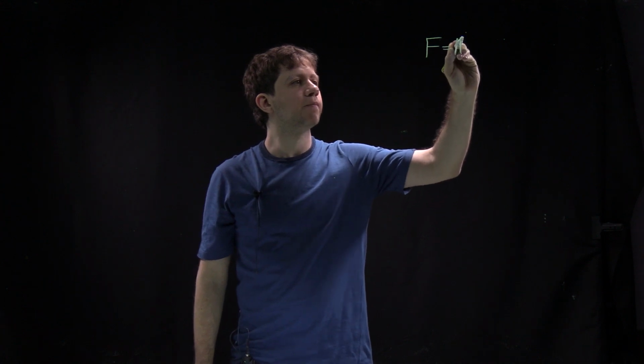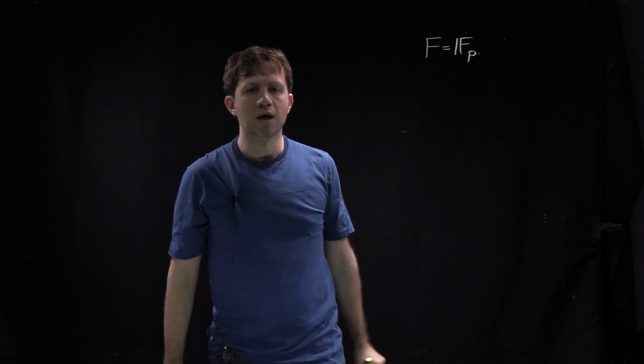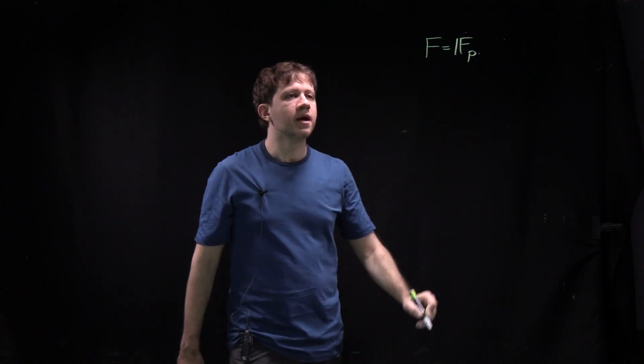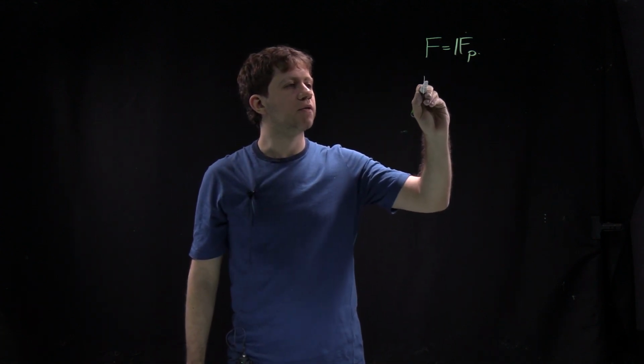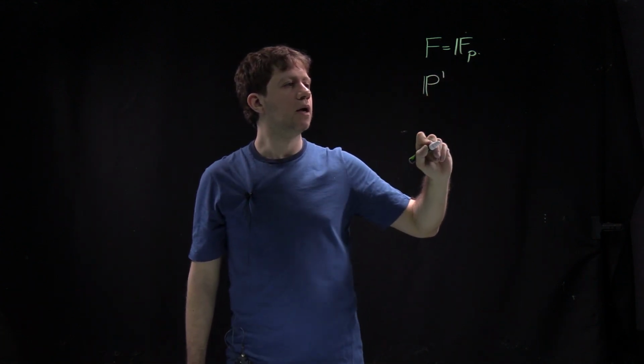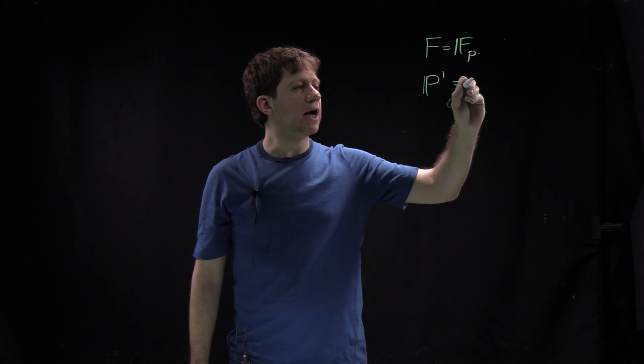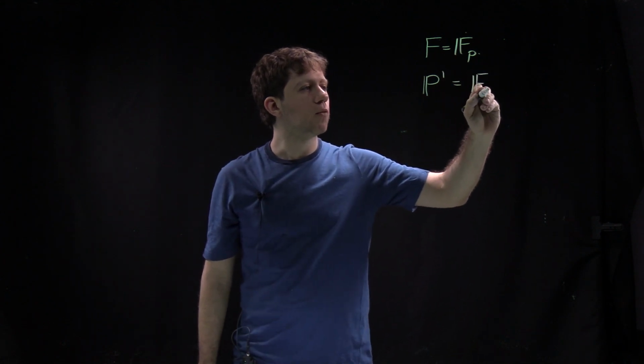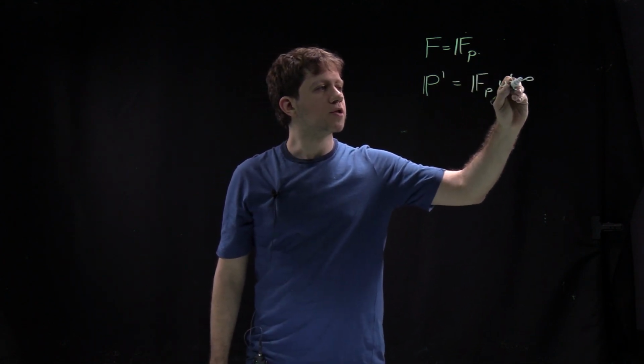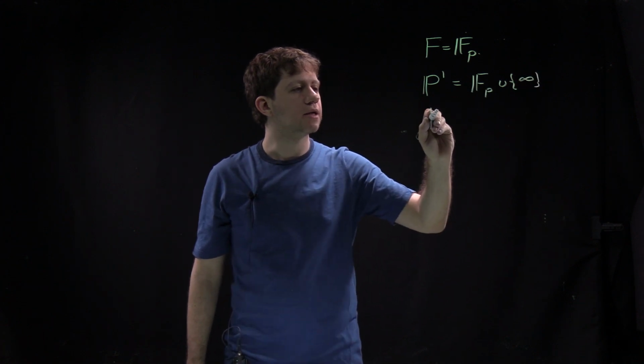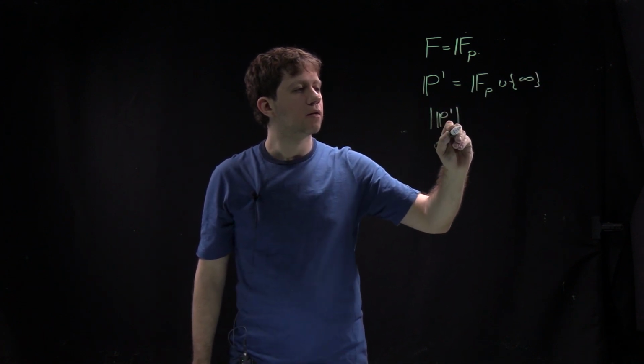So now I take F being Fp, and then I have a projective line P1. And what is P1? As a set, you just take Fp and then one more point. And so the size of this thing is p plus 1.